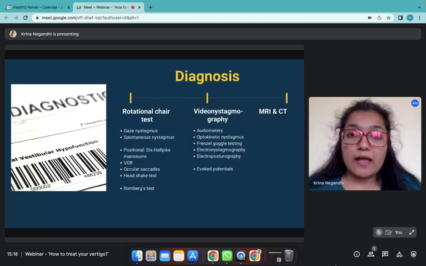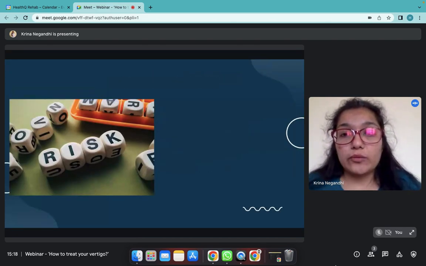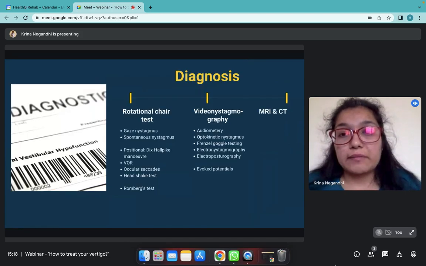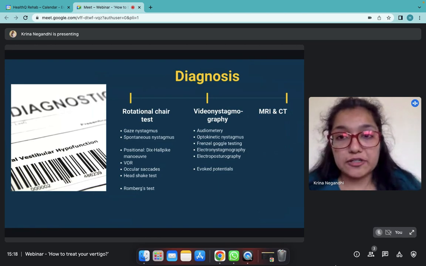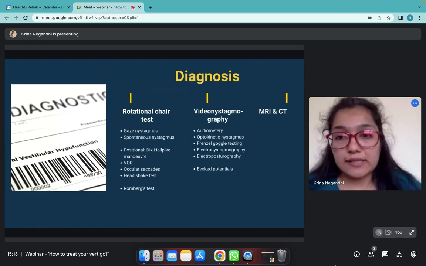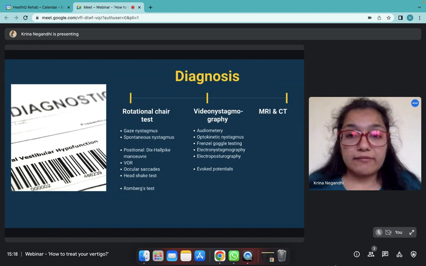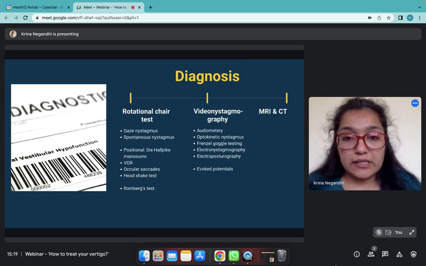According to the symptoms, we can differentiate how vertigo can be divided and diagnosed into peripheral and central. There are several bedside tests as well as laboratory tests. The patient can be assessed with each component.